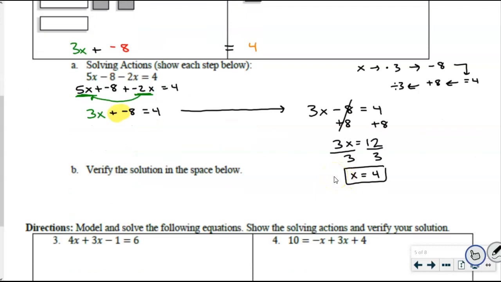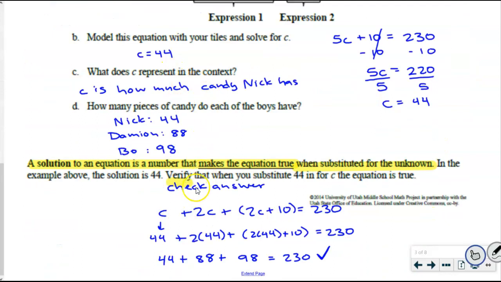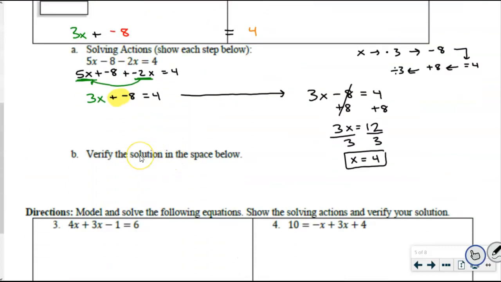Verify the solution. Whenever we verify, remember, verify, as we saw over here, right here. Verify means we check our answer. Whenever we check our answer, because we have multiple steps, I always want us to go back to the beginning. So the beginning was 5x minus 8 minus 2x. Only instead of x, now I'm writing 4. So 5 times x becomes 5 times 4.